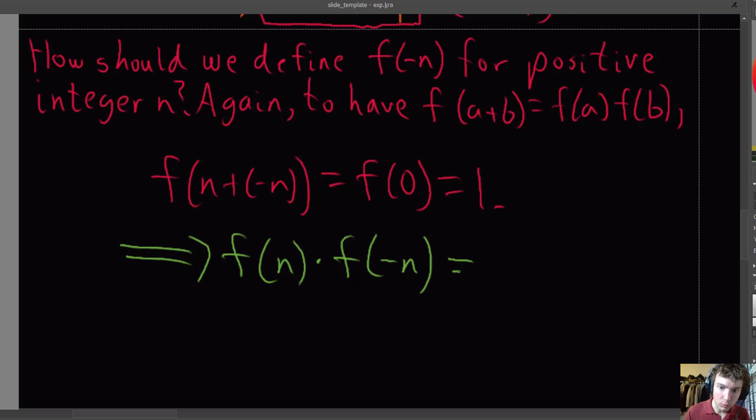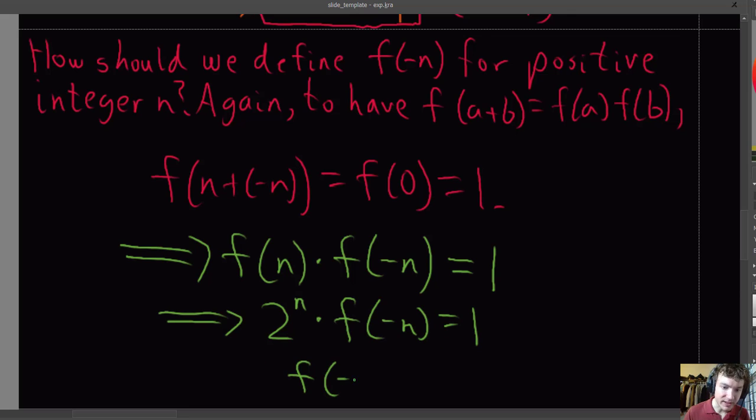That has to equal 1, because that sum gives 0. But f of n is 2 to the power n, because we've assumed n is a positive integer. 2 to the power n times f of minus n equals 1, and then we can conclude f of minus n equals 1 over 2 to the power n, which is simply 1 over f of n. Good. So again, this is the conclusion we are forced to accept if we want to keep this property true.